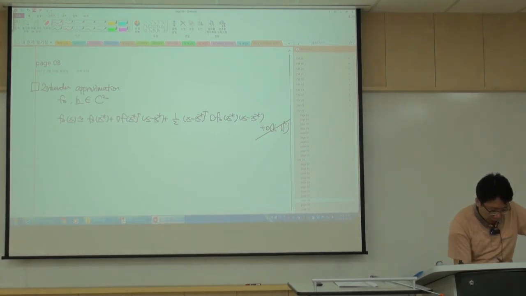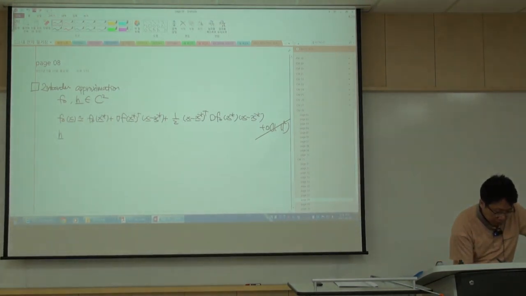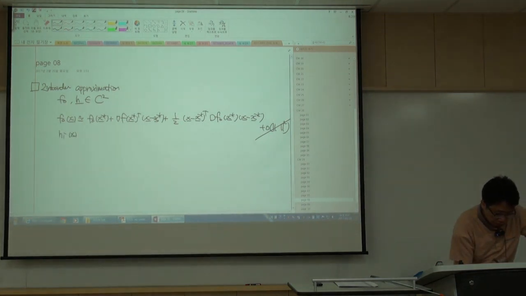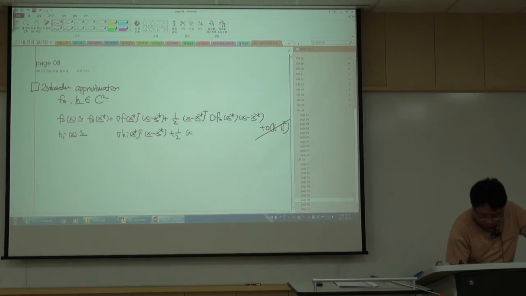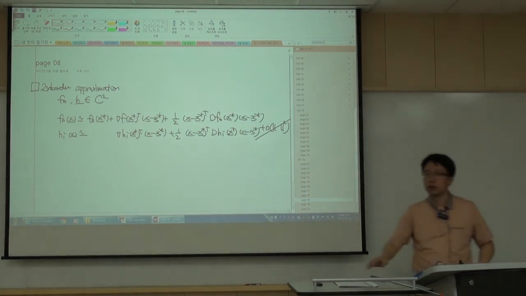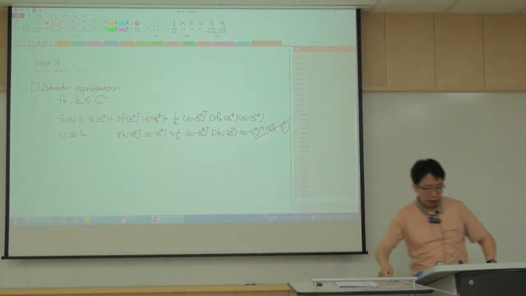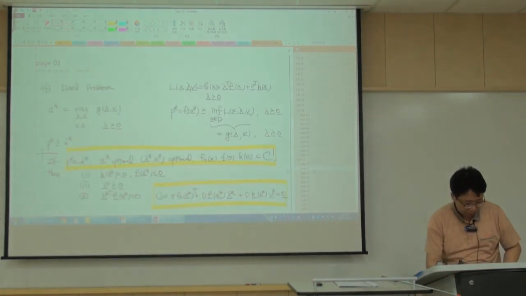And combined with the approximation like this one. Okay, got it? So you utilize the first order and the second order approximations to have the second order necessary condition.